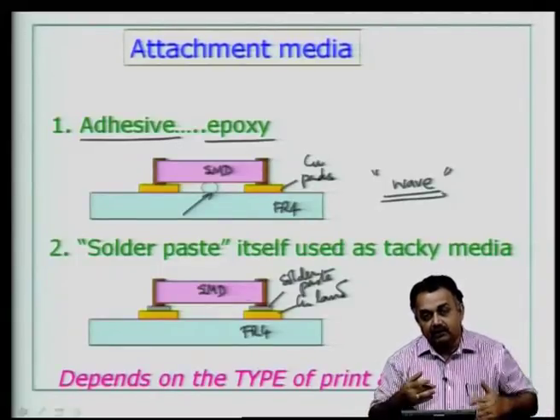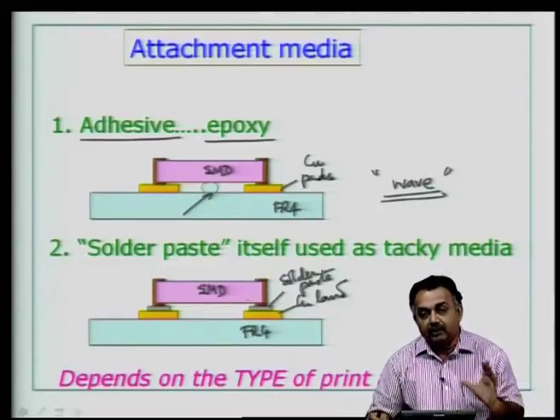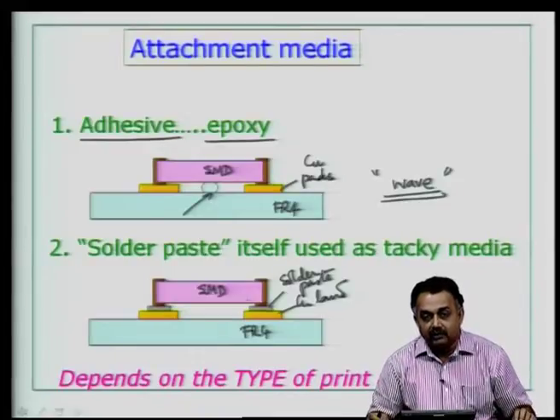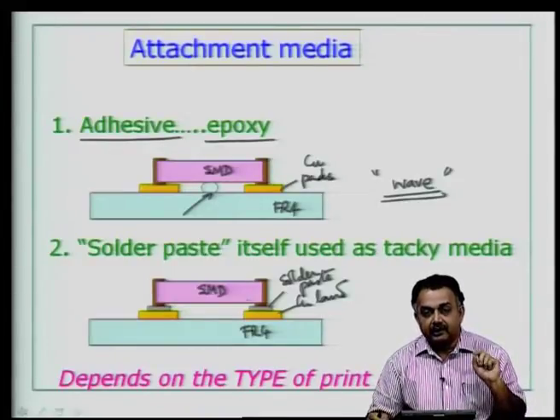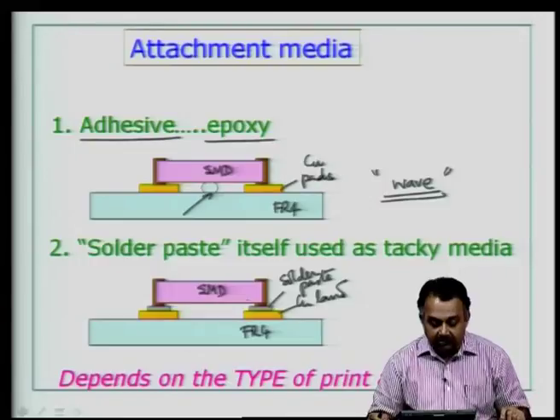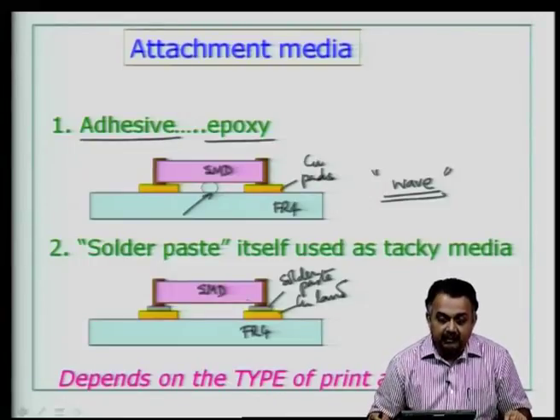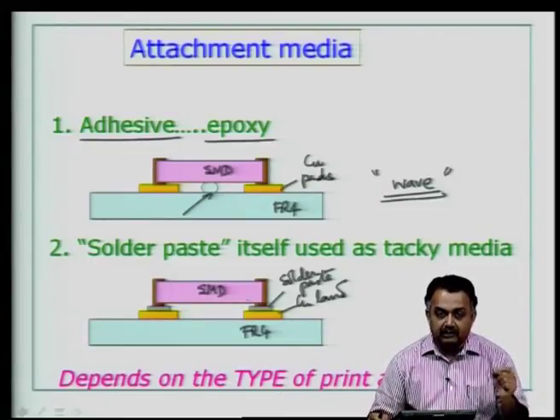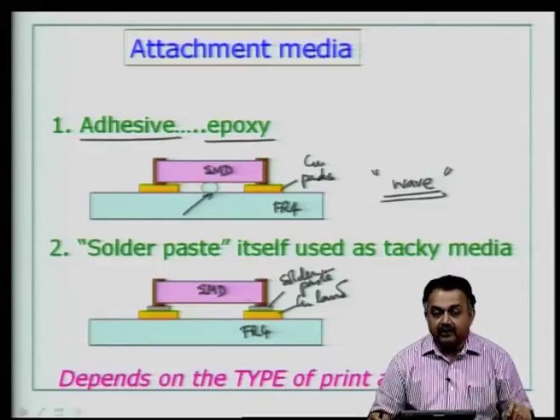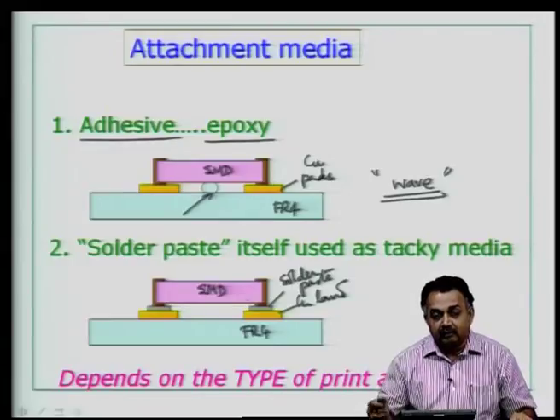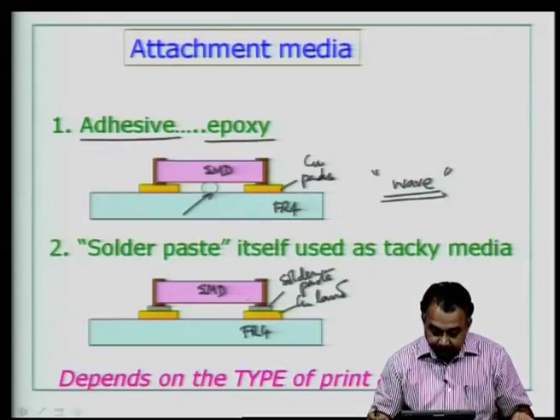Therefore, during that process cycle the component should not move from its coordinates. Therefore, there is a tacky media available in the solder paste itself. So, a small percentage of glue is added, and that is part of a number of ingredients in the solder paste.